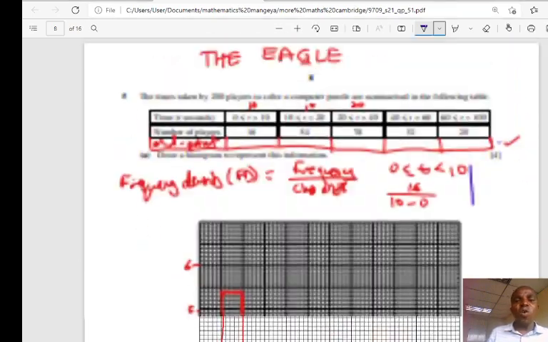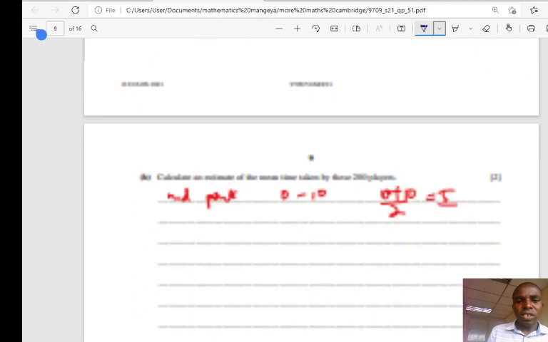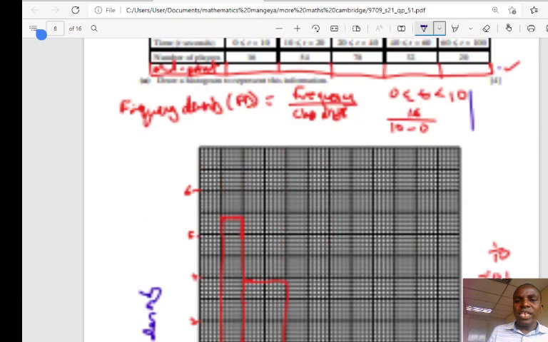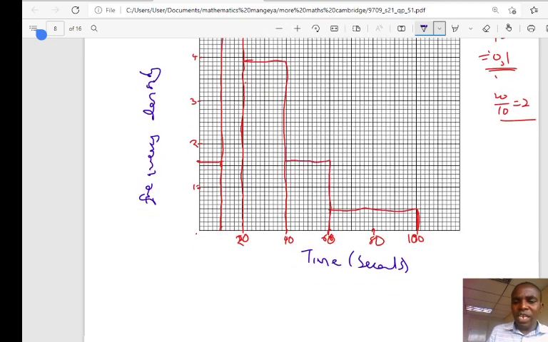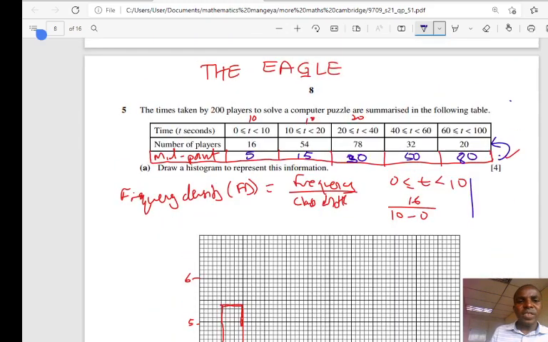The third one is 30 times 78, then 50 times 32. Next, 20 times 80, over total frequency.